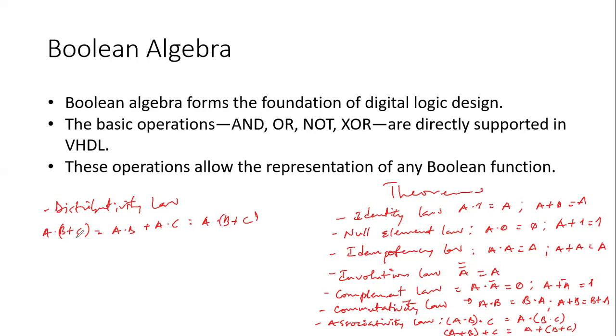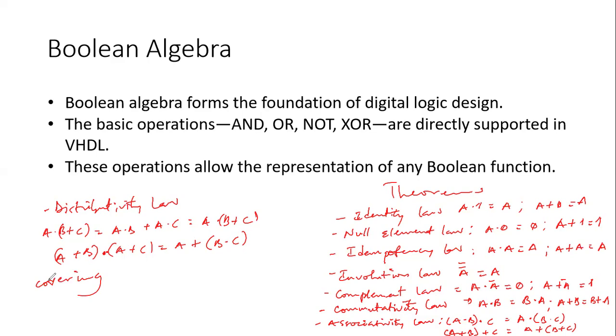So by duality, A plus B dot A plus C will give us A plus B dot C.